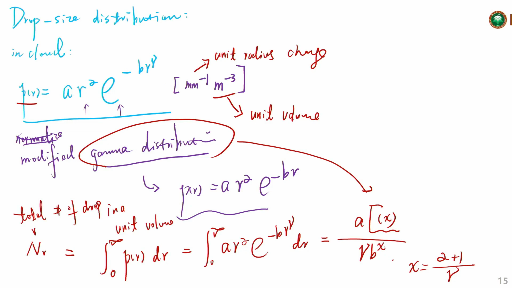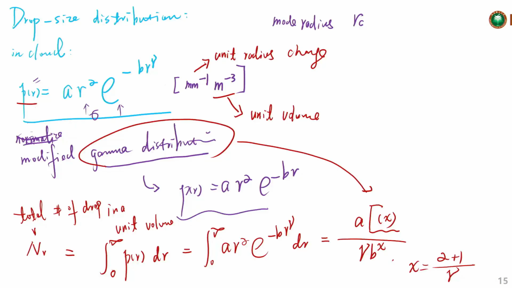And another very important parameter we need to take care of is called the mode radius. It is called rc, the mode radius. The mode radius is related to when the drop size distribution function equals a maximum value.